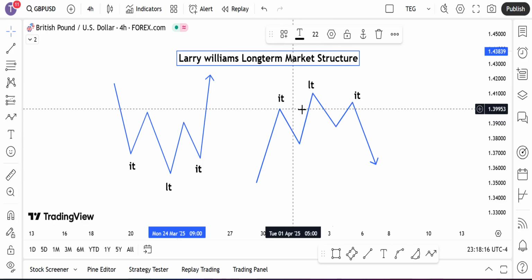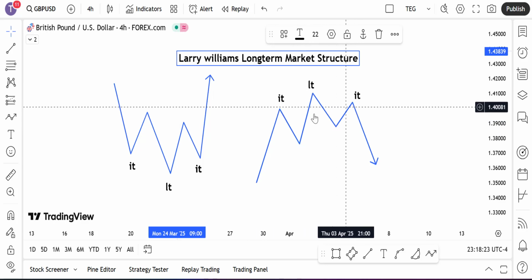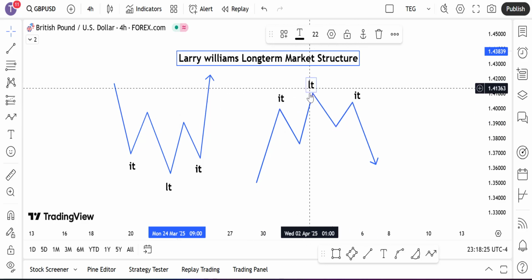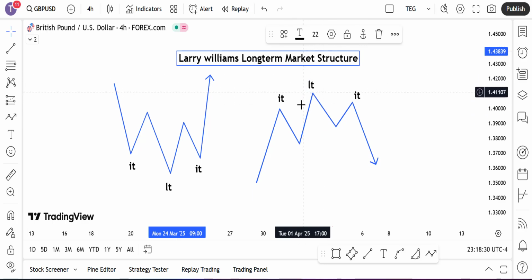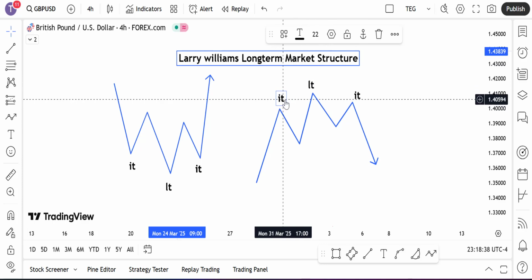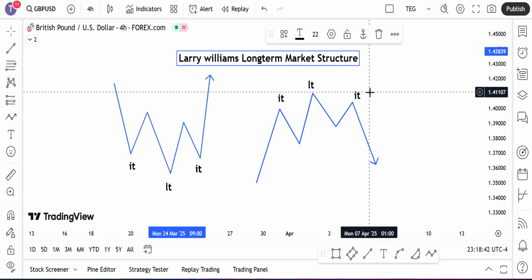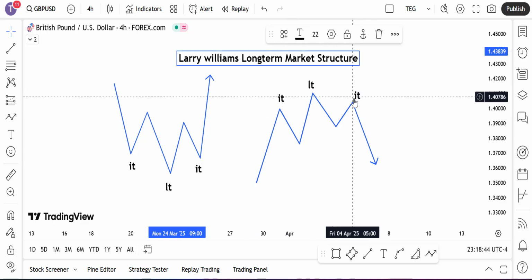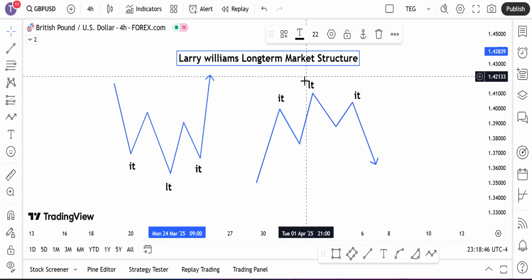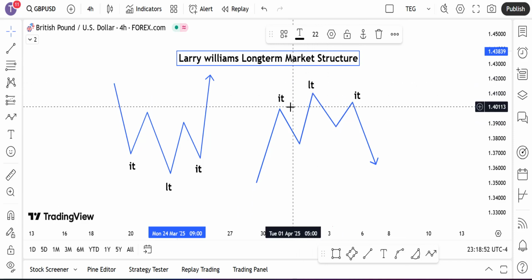The same thing also applies to the swing high. When we look for intermediate swing highs, there are going to be intermediate swing highs on both sides. It gives us our LT, which is the long-term swing, using the Larry Williams concept. We talked about this concept last week: we have to have two short-term swing highs on the left and the right to give us our intermediate swings.